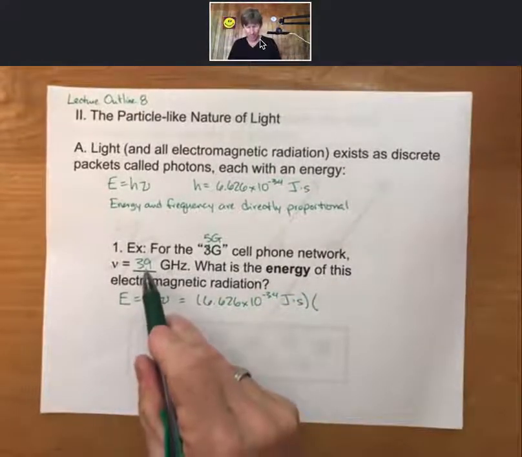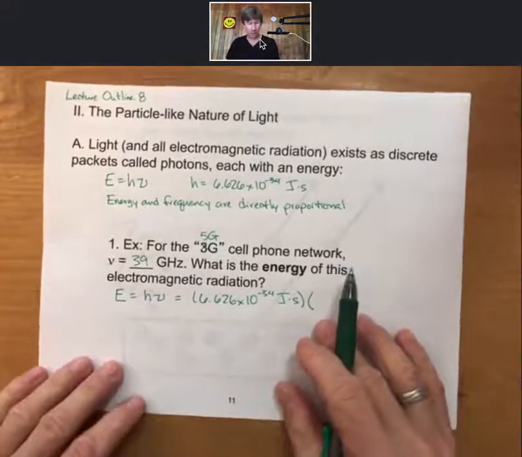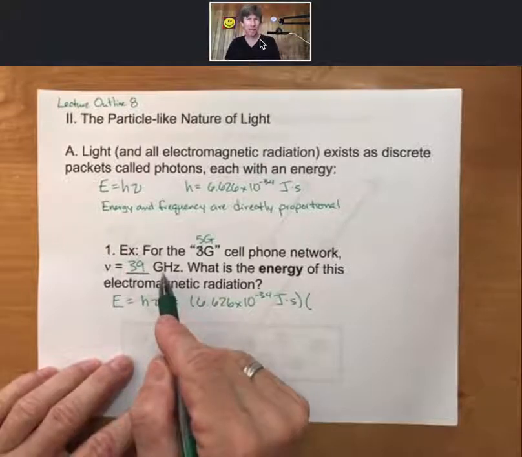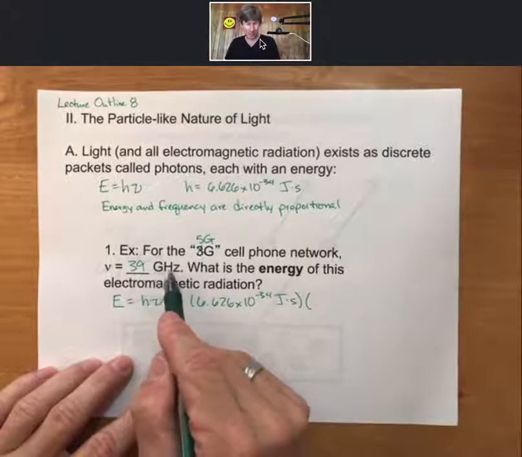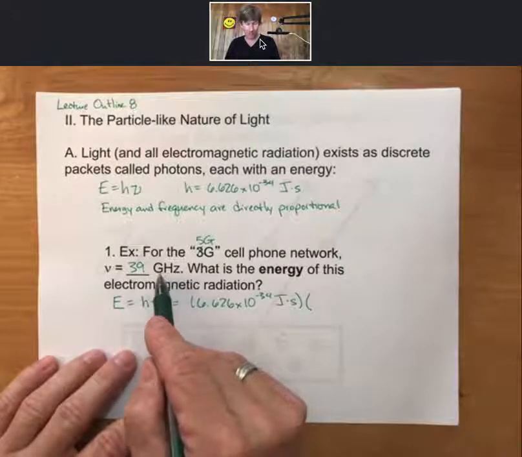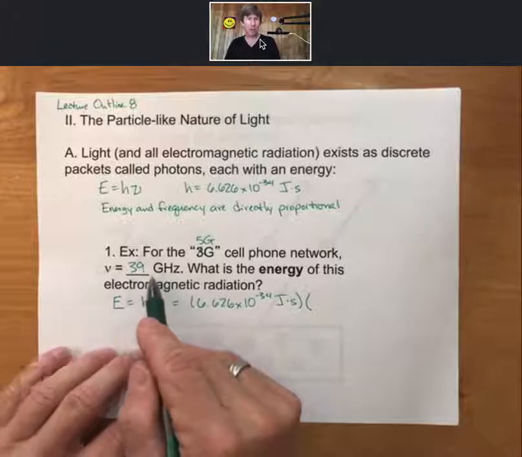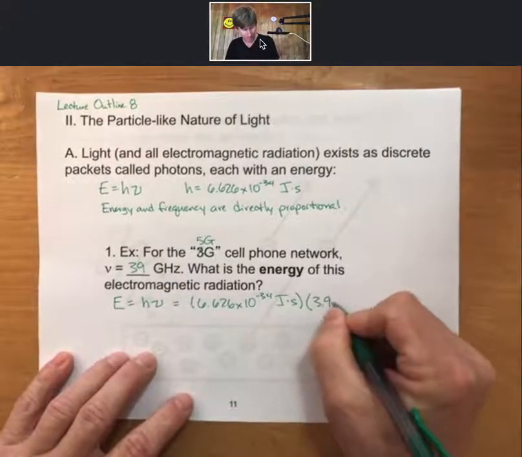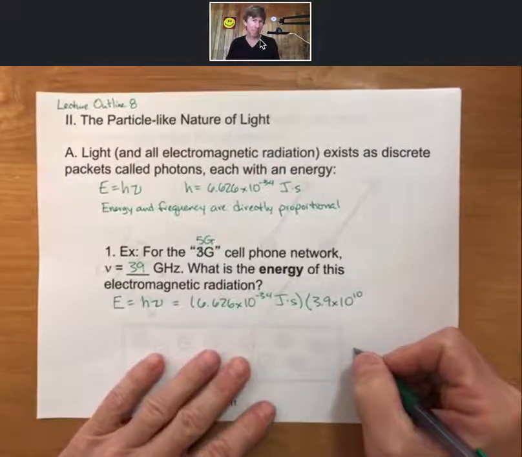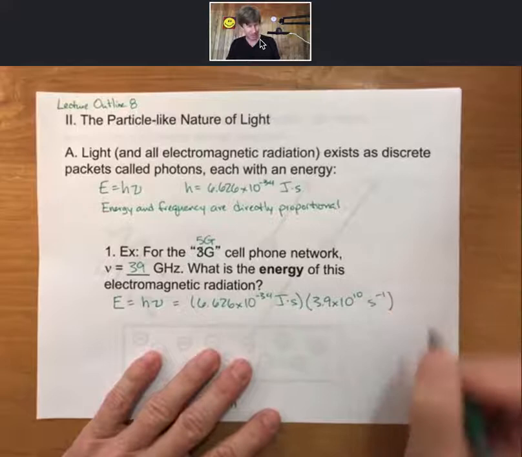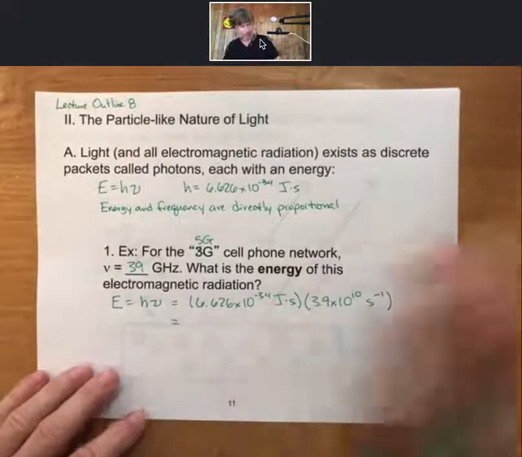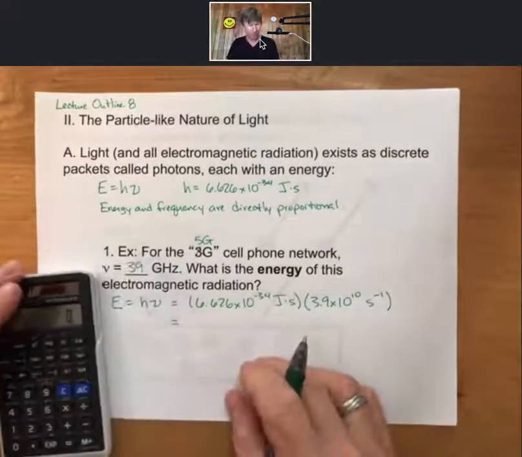And we have 39 gigahertz, which we saw a gigahertz was 1 times 10 to the 9 hertz, and hertz was 1 over second, or a second to the minus 1. So this 39 gigahertz became 3.9 times 10 to the 10 hertz, or 3.9 times 10 to the 10 seconds to the minus 1. We can see that our seconds will cancel out, leaving us with joules as a unit.